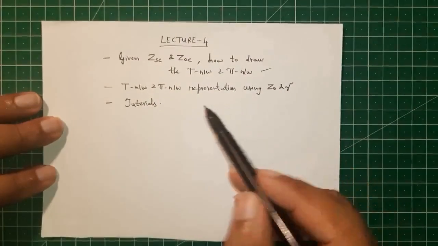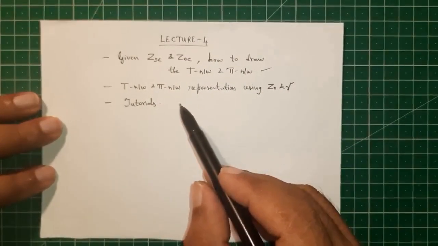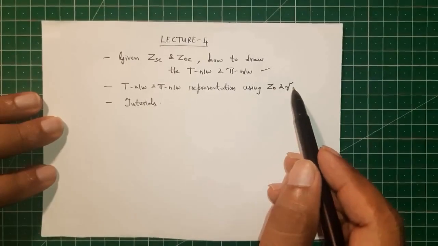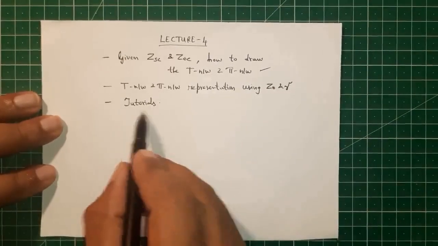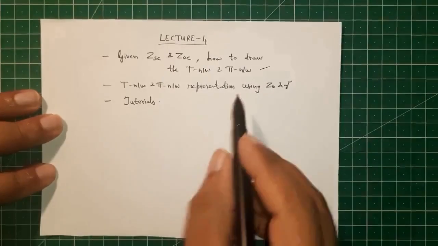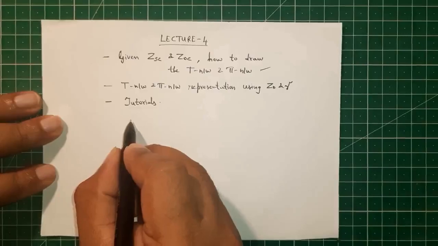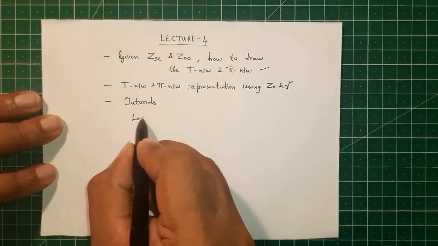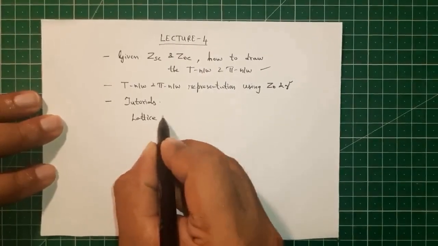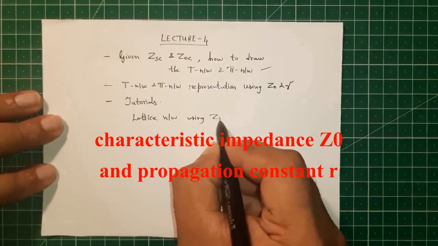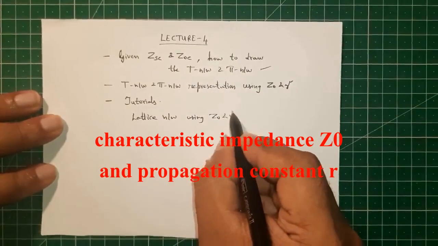Then we have seen how we can represent a T network as well as a pi network given its characteristic impedance and propagation constant gamma. We have done some tutorial problems based on this. Also we have seen how we can represent a lattice network using Z0 and gamma.